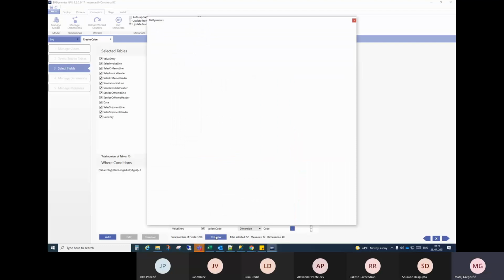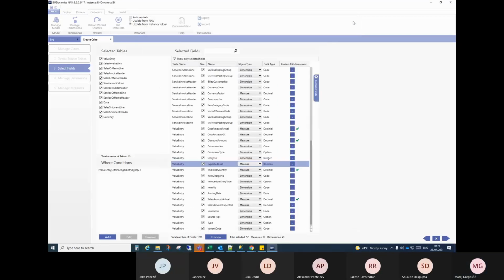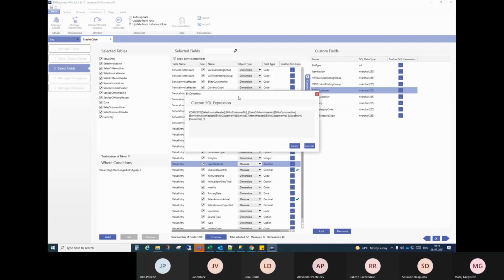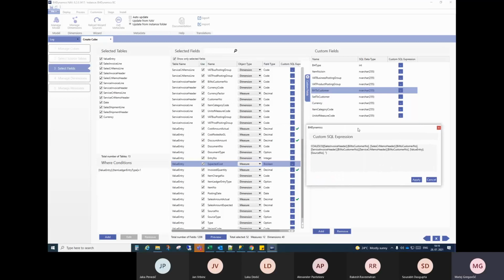You have the same preview as before, but one additional thing, which is called custom fields. What do we do here? I'll show you. Let's have a look at one of the custom fields: field to customer. As you saw on the previous step, we used many tables on this model: value entry, sales invoice header, sales credit memo header, and so on.